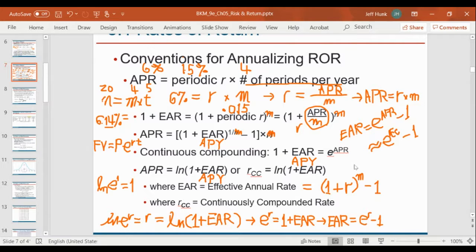If the holding period is 5 years, you take the geometric average, and that is APR. Then we adjust it by its compounding frequency per year, and we get the periodic rate.